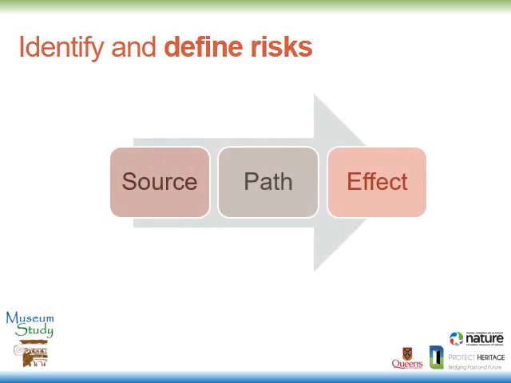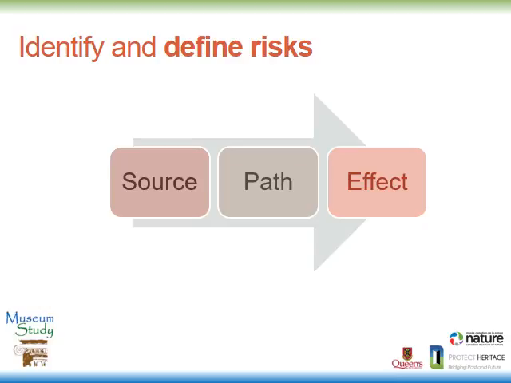When we get to defining a risk, it's really helpful to think in terms of 3 parts. What's the source of the risk? Is it a geotechnical issue like a landslide or earthquake, or is it an impact from a truck running into the building or an airplane hitting the building? What's the path from the source to getting to the collection?